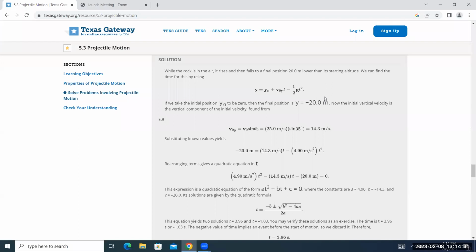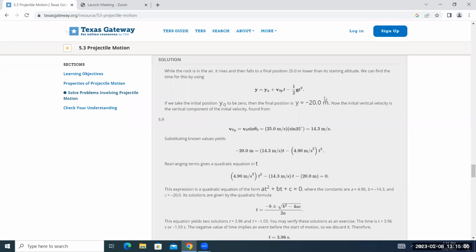In this case, we're assuming we're doing this on Earth, and so the acceleration that this object is undergoing is the acceleration due to gravity in the Y direction. Remember, we're doing everything in Y. So our acceleration in the y-axis is only the acceleration due to gravity, which we're going to call g.